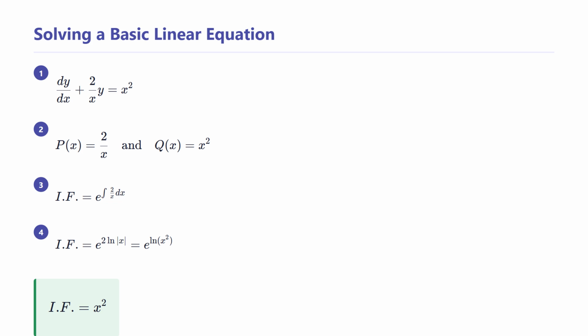We identify p of x as 2 over x and q of x as x squared. We substitute p of x into our integrating factor formula. The integral of 2 over x is 2 times the natural log of x. Using logarithm rules, we move the 2 inside as an exponent. Because the exponential and natural log are inverse functions, they cancel perfectly, leaving us with a beautifully simple integrating factor of x squared.